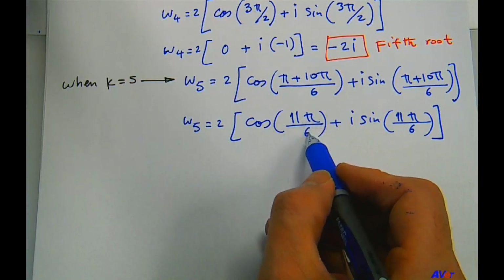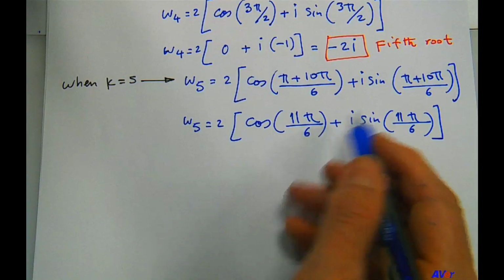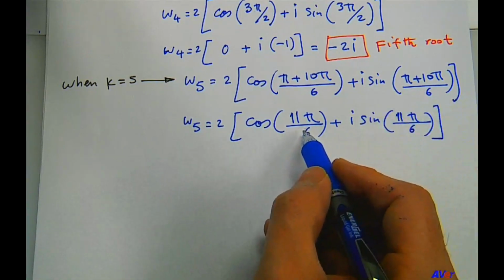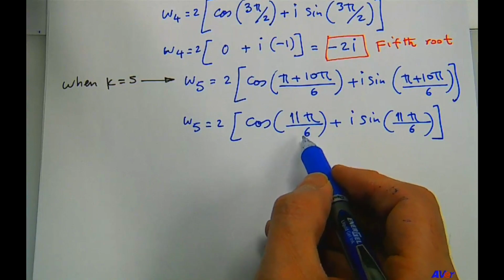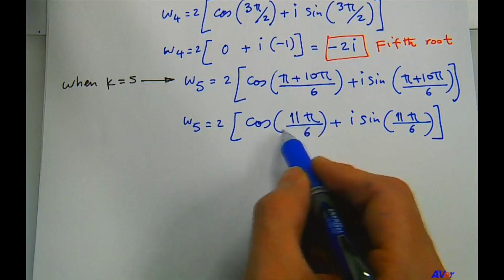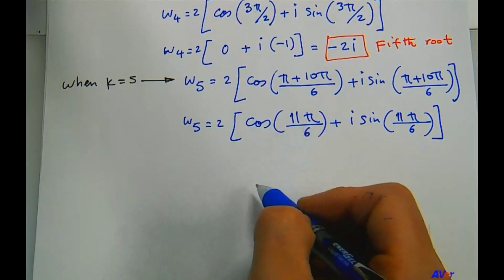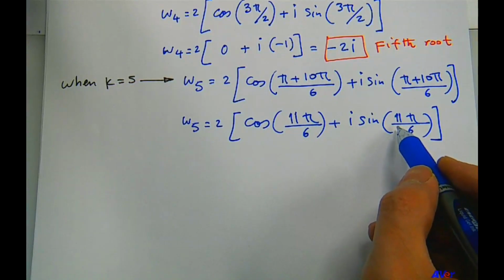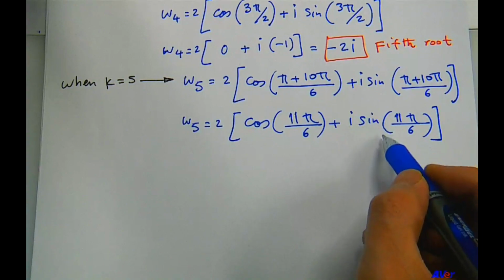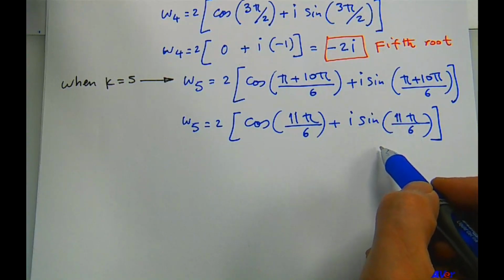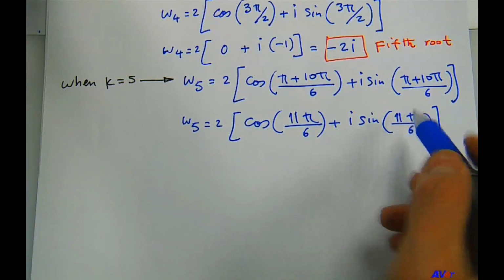But 11 pi over 6 has the reference angle equal to pi over 6. So this would be positive square root of 3 over 2 along the horizontal, which is positive in the fourth quadrant. And this one would have to be negative 1 over 2, because the y-axis is negative in that quadrant.